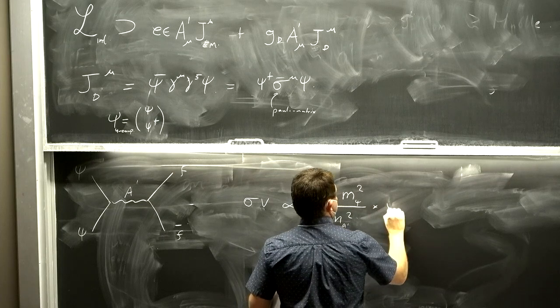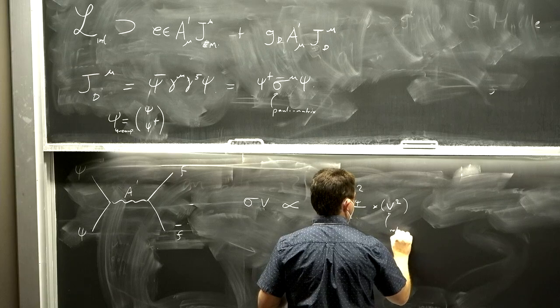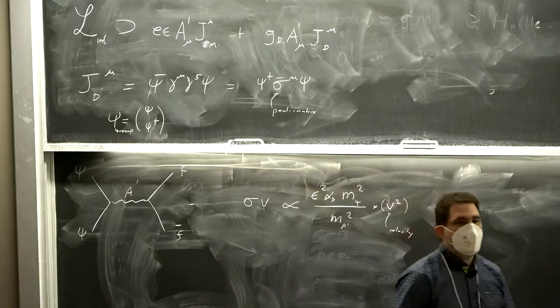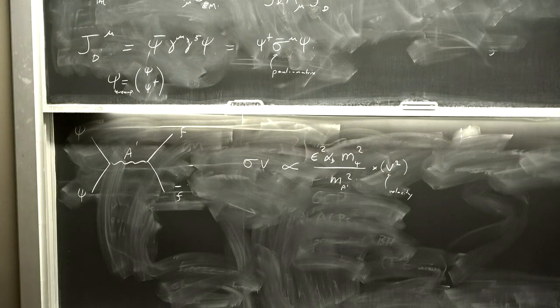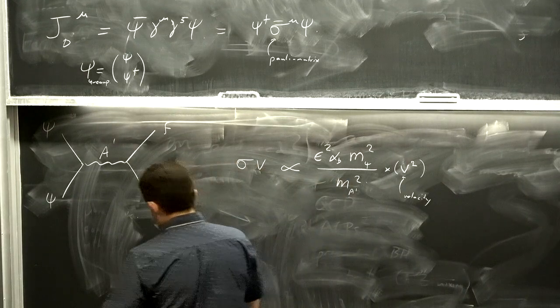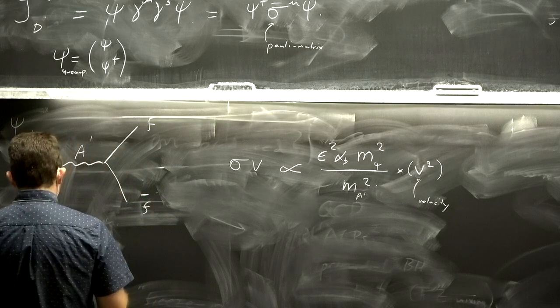And it has a factor of v squared, okay? This is velocity. Okay, so for a Majorana fermion annihilating to standard model fermions through a vector, it's going to be p-wave. It's the only thing allowed. So that'll turn out to be important for CMB.